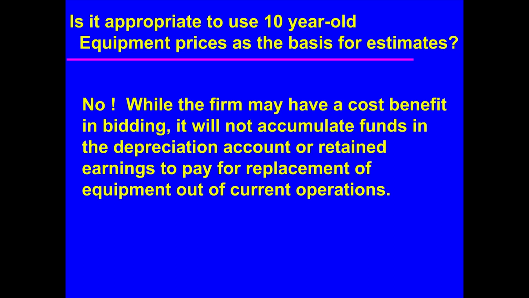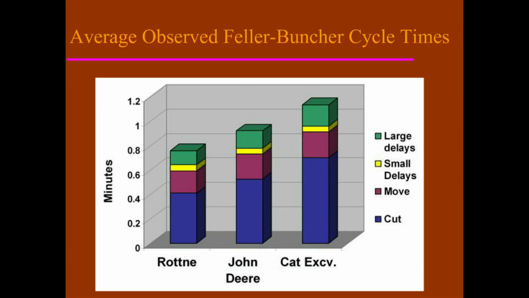Even if you do it right in terms of using current prices for the equipment, you will find that by the time you go to buy something new 5 years hence, the annual price increase of equipment has been 7 or 8% a year. You still have to take out a second mortgage on your house to be able to buy a new piece of equipment. So you have to at least get what you can out of the depreciation accounts.